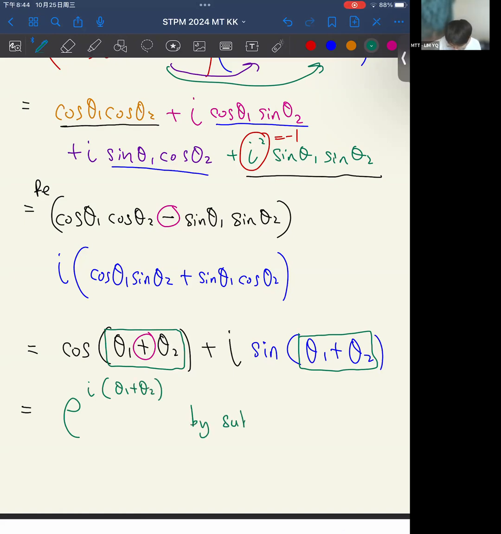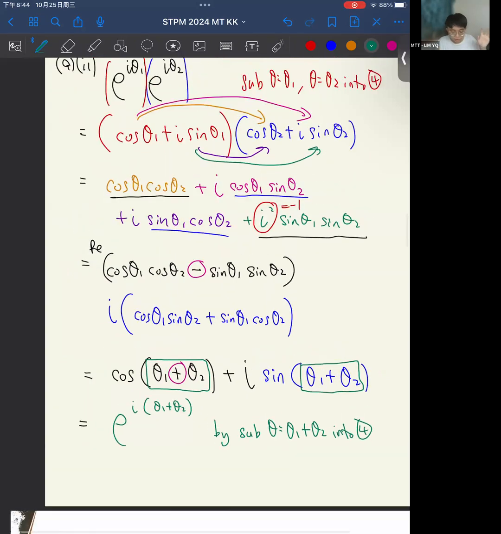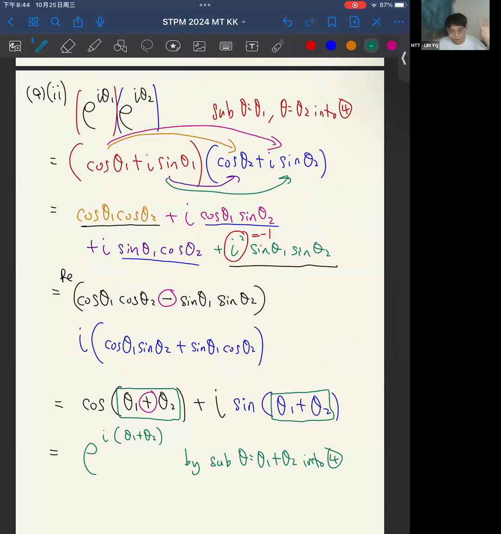By substituting θ as θ1 + θ2 again into equation 4. We keep using equation 4. We are using equation 4 only, not something you already know like the index law. Now you have proven this. This is for part 2.